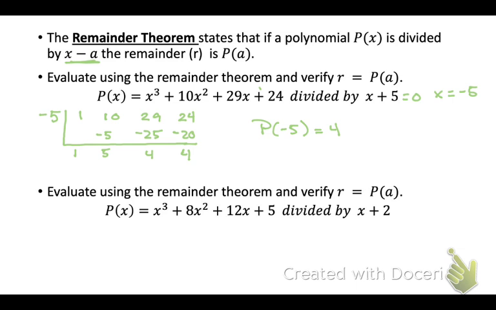Okay, did you get 4? Yes? Okay, so you write it as P of -5 equals 4. So that means I already replaced all the x's with what? -5?